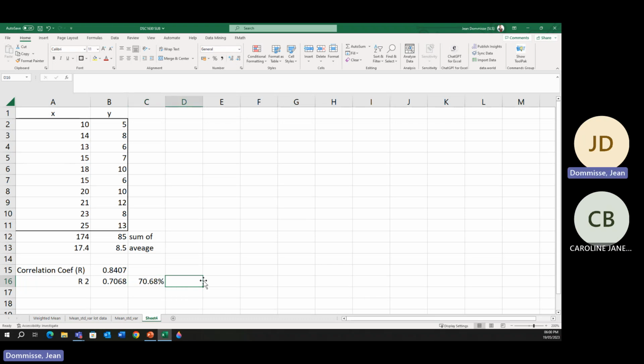If you do it on your calculator, you will get exactly the same. My calculator also doesn't have a coefficient of determination. I still need to work it out, so I still need to multiply it. I think with most calculators you still need to work that out, but that is basically the same as that times itself.